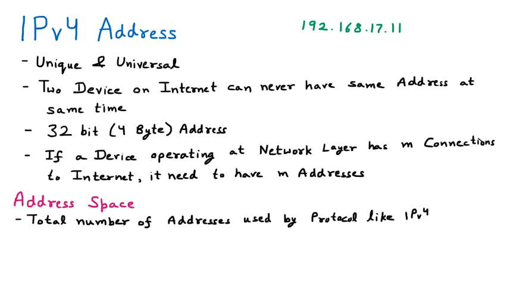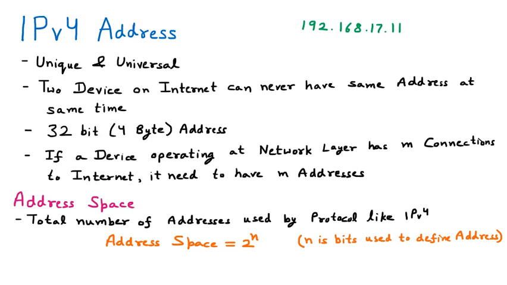There is a formula for finding the address space: address space is equal to 2 to the power n, where n signifies the bits used to define an address. Now we are going to find the address space of IPv4. The IPv4 address has 32 bits.